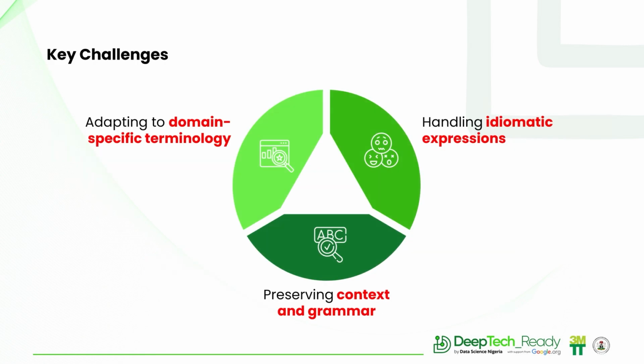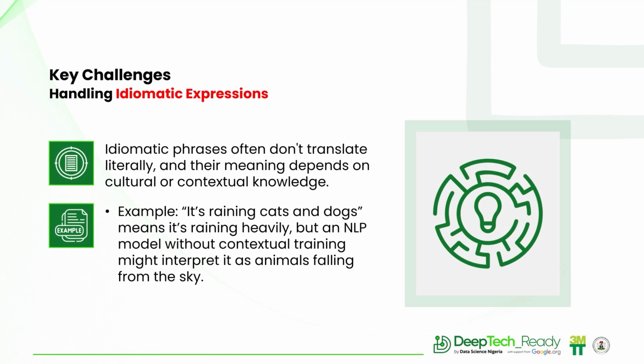However, machine translation has a number of key challenges, including handling idiomatic expressions, preserving context and grammar, and adapting to domain-specific terminology. Let's start with the first one, handling idiomatic expressions.